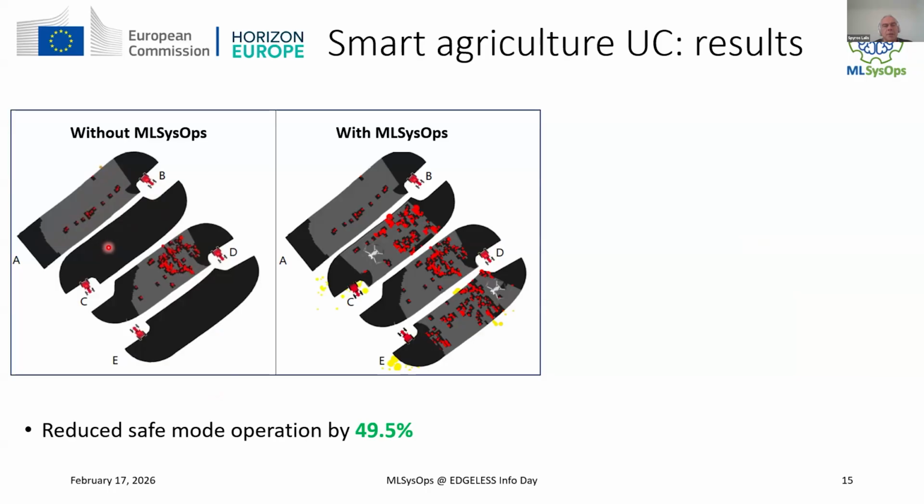With black, you see the area where the tractor was blinded and would blindly spray the whole time. And with MLSysOps, we see that these black regions became much more informative, and the tractor could maintain the precision spraying mode.